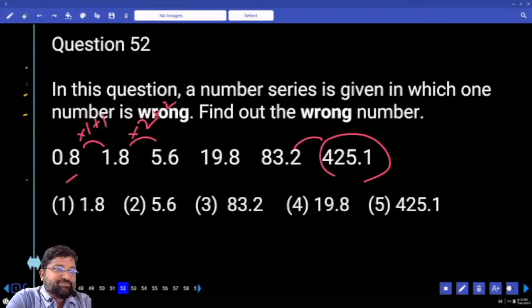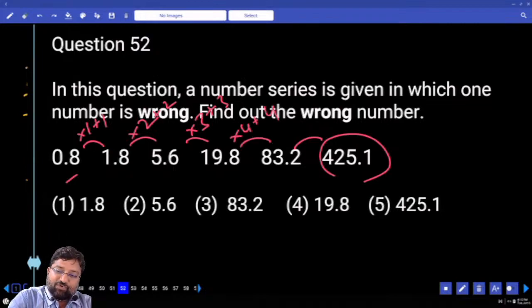Plus 2, into 3, 5 3s 15. 0.6 into 3, 1.8, 16.8 plus 3, 19.8. This should be into 4 plus 4. This should be into 5 plus 5. What is 19.8 into 4?